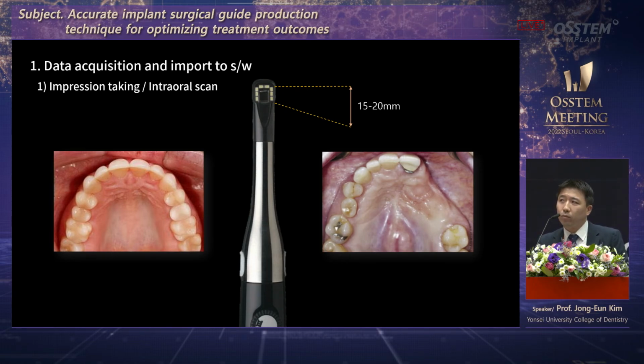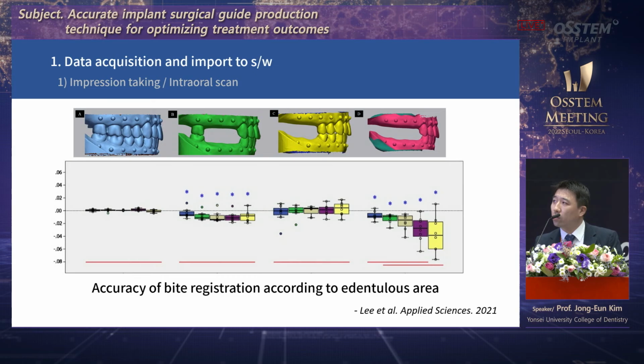However, on the right side, there is quite a lot of edentulous area, and the gingival form and texture, it looks very difficult to differentiate depending on the specification of scanner. It may vary, but in the case of long span edentulous area, there can be many deviation and error in the stitching process, and in recent studies, such error exists.